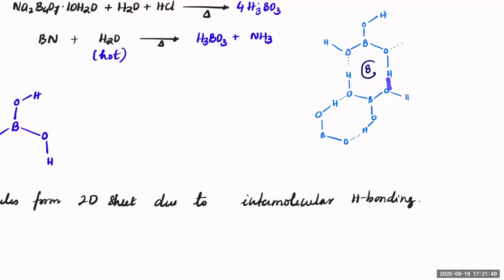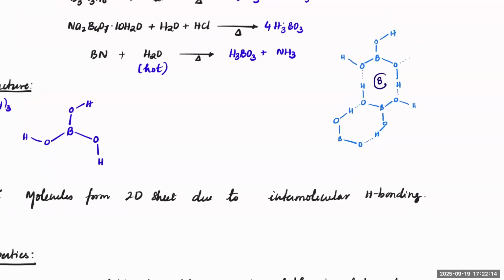Here also the next molecule of boric acid is making hydrogen bonding. So in a way, boric acids are making an 8-membered ring, if you notice, correct? So 1, 2, 3, 4, 5, 6, 7, 8. So you will see not a 6-membered, but an 8-membered ring forming across hydrogen bondings.